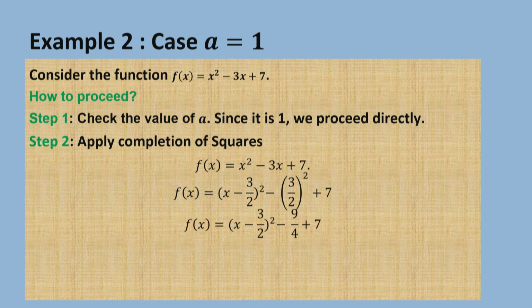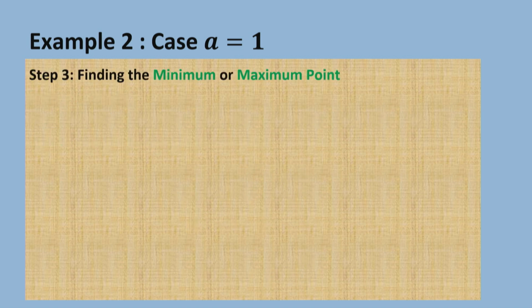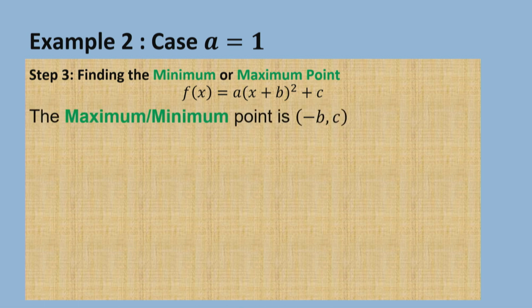So that will be x minus 3 over 2 to the square. 3 over 2 to the square, that's 9 over 4. Plus 7, you simplify it. It will be x minus 3 over 2 to the square plus 19 over 4. Now, for the minimum or the maximum, you know that already. It's given by minus b and c.